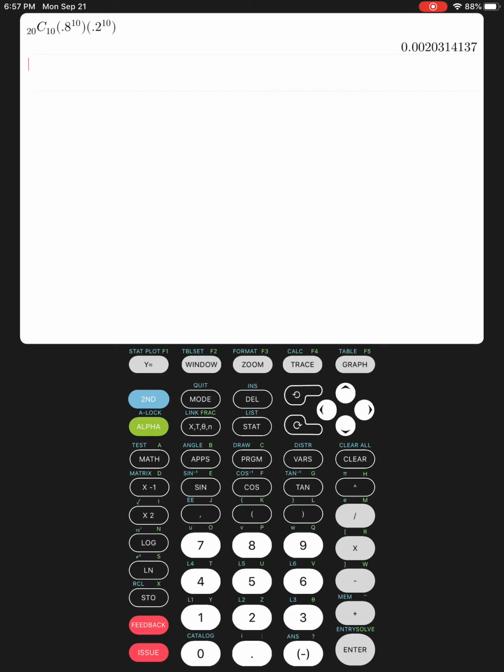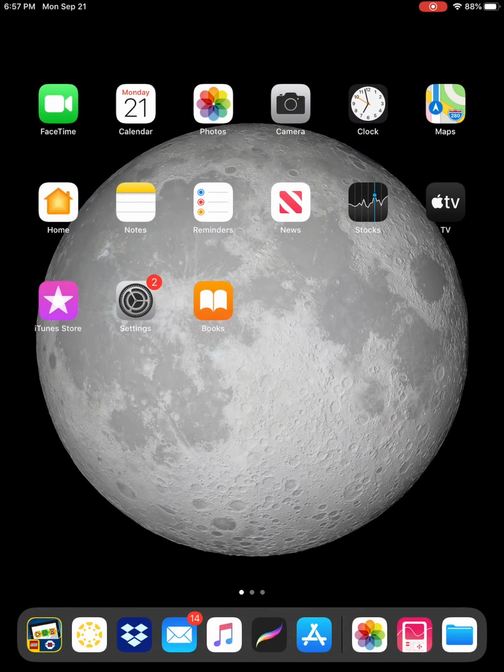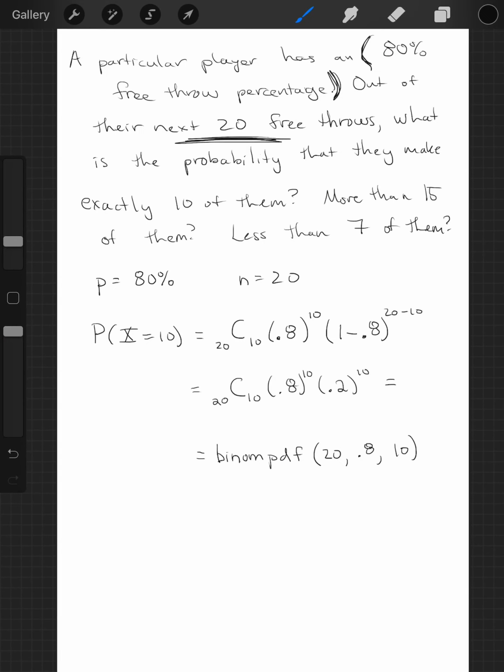There we go. So we could do it that way, and we get that there's not a very good likelihood, that's 0.2%, that they make exactly 10. And that's probably because they're more likely to make more than that, with an 80% free throw shot. So this one I can do just fine on my calculator. We went to our calculator, we plugged this in, we got 0.002.